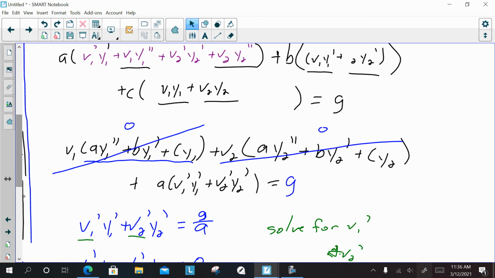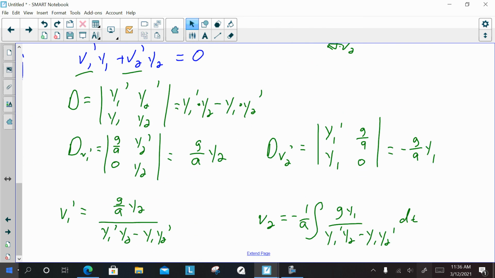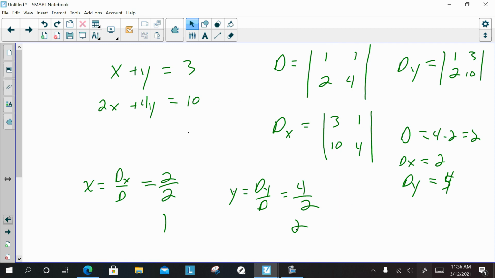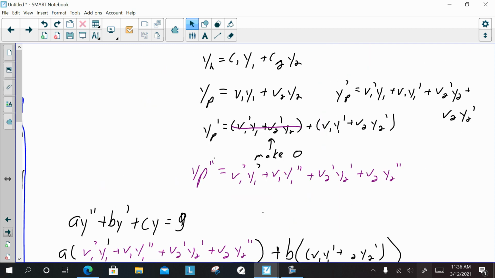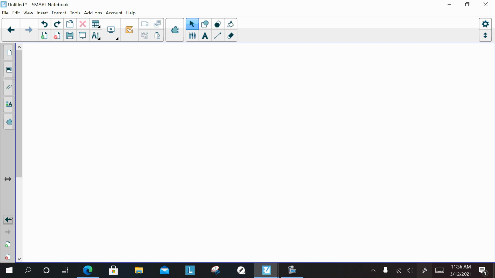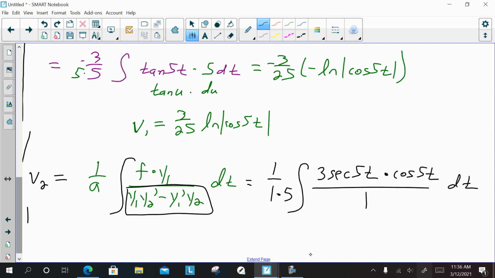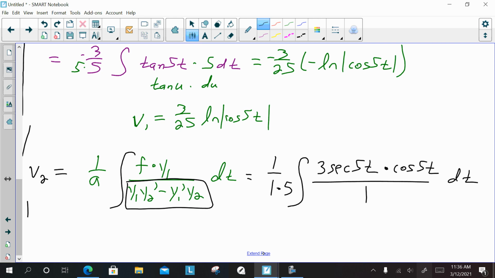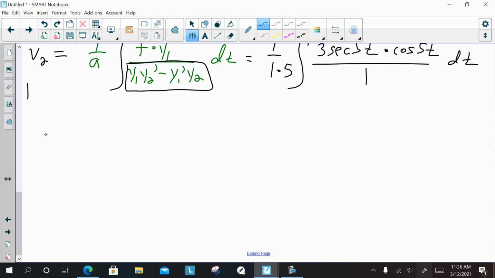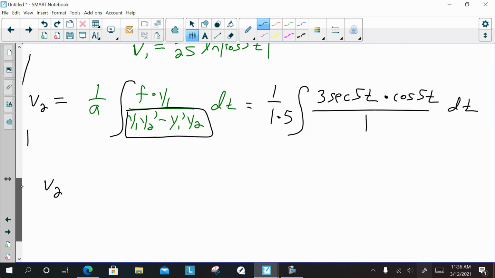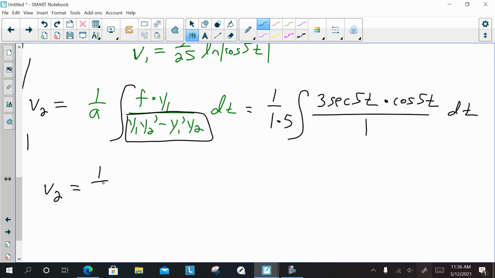All right, so see where that's going to lead us. So V2 is 1/5. Pull the 3 out, so actually 3/5. The integral, we don't have a fraction anymore because that 1 is gone.